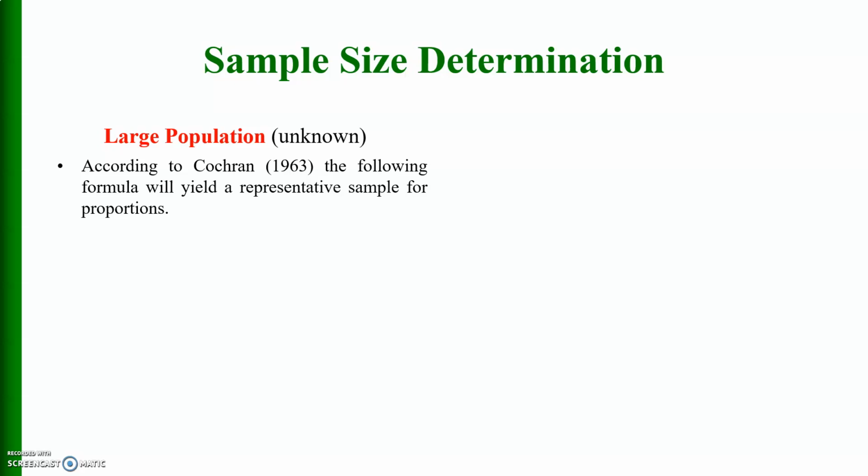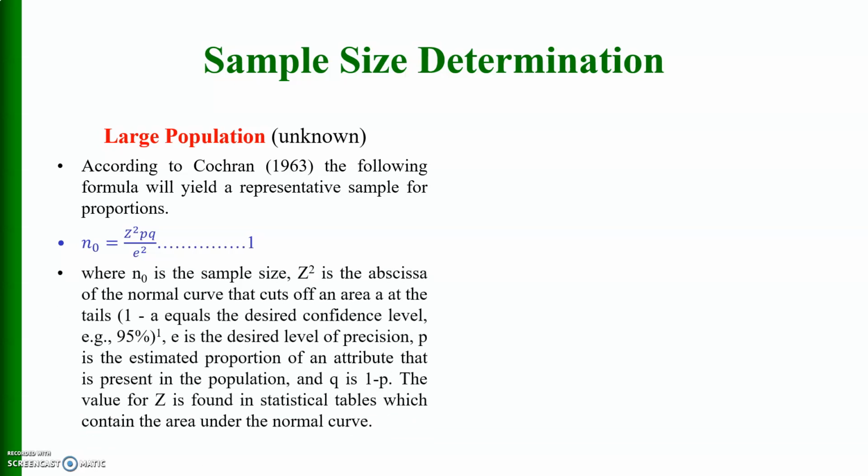According to a famous statistician, Cochran, in his book published in 1963, used the following formula that yields a representative sample for proportions, and that formula is given in this equation: n naught is equal to z square times p times q divided by e square, where n is the sample size, z square is the abscissa of the normal curve that cuts off an area alpha at the two tails, e is the desired level of precision, p is the estimated proportion of any attribute that is present in the population, and q is equal to 1 minus p.